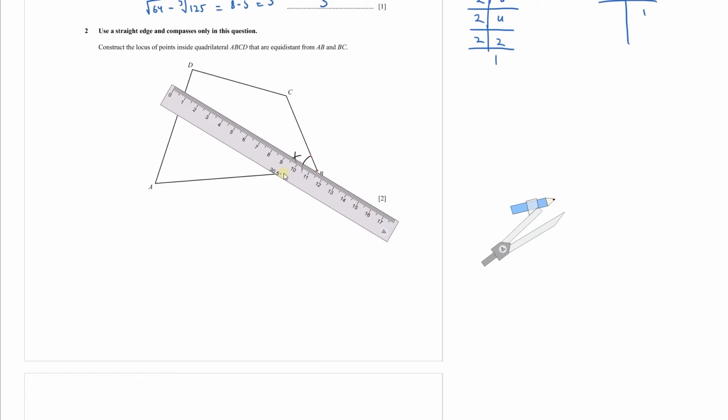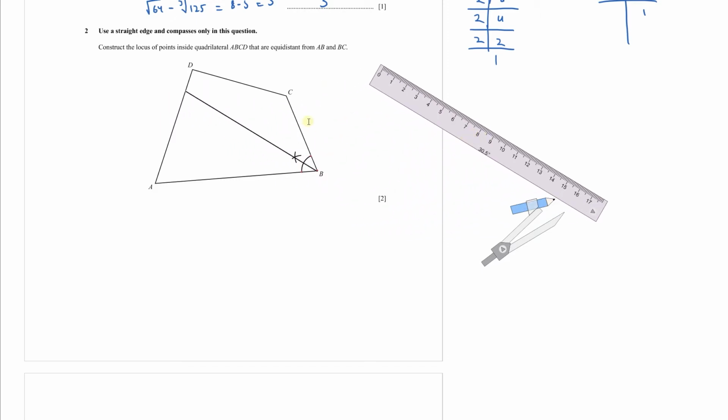So I don't have to draw outside the quadrilateral ABCD as it's mentioned in the question. So start from here, pass through this point here that I have marked through my arcs. So this will be your angle bisector for angle ABC.